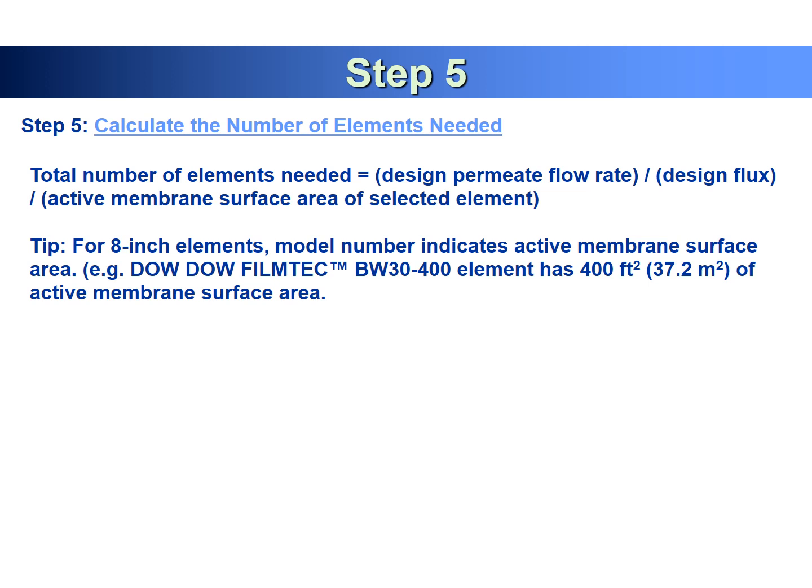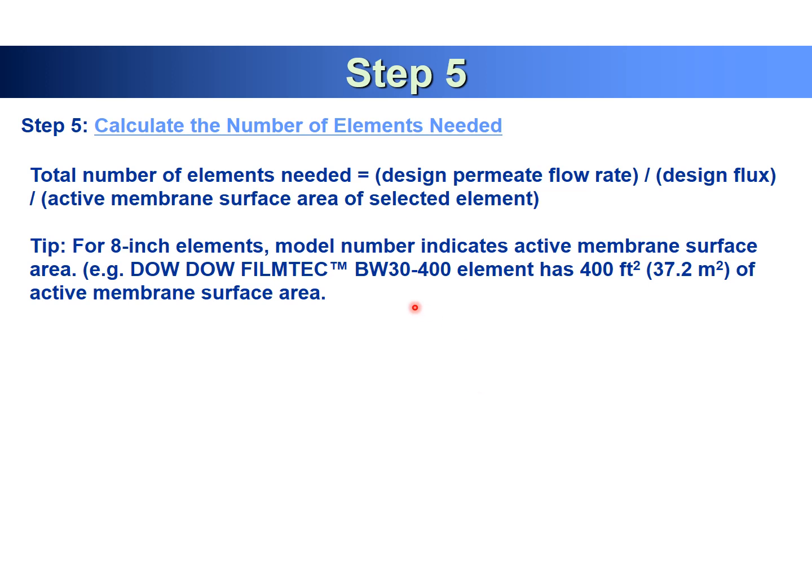Next step is to calculate the number of elements needed. The total number of elements needed is equal to design permeate flow rate over design flux over active membrane surface area of selected element. For an 8-inch element, the model number indicates active membrane surface area.